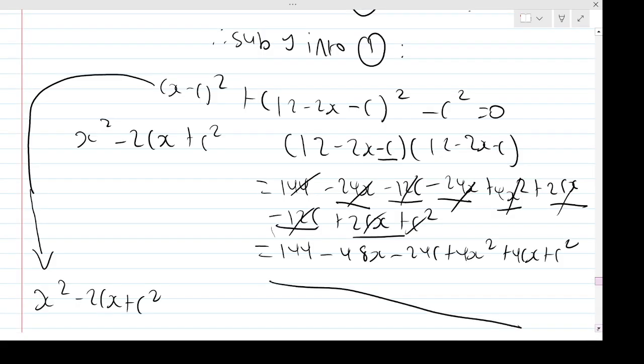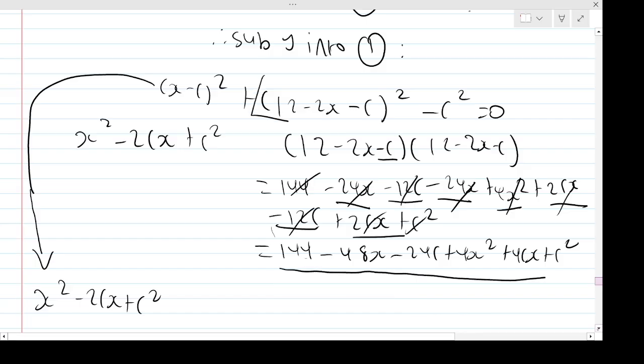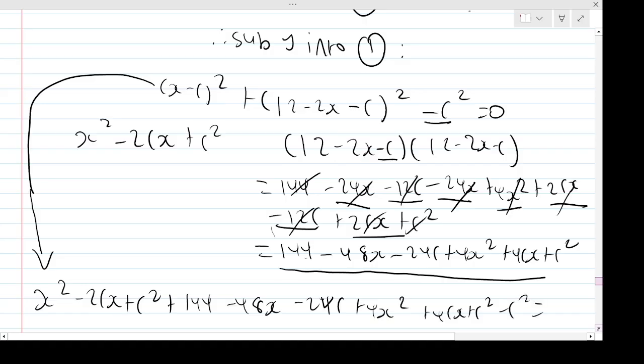Then I add these terms from this bracket: plus 144 minus 48x minus 24r plus 4x squared plus 4rx plus r squared, and then minus r squared at the end, equal to 0.